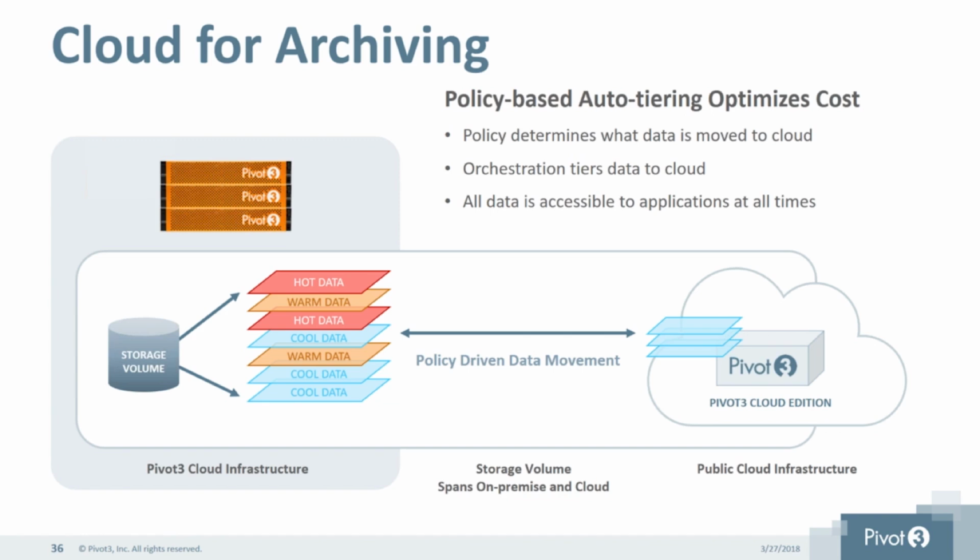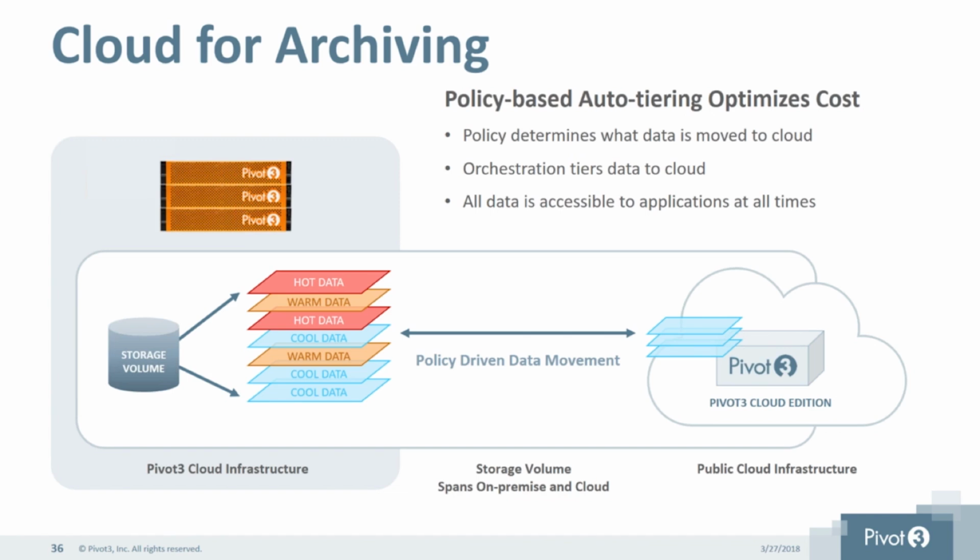The important thing to point out here is that the storage volume is actually spanning between the on-premise infrastructure and the cloud. So from the application perspective, all of that data is available, with the caveat that if it has to pull data back from the cloud, there might be a higher latency. But it's not archiving in the sense of what some people might think of as shipping tapes to an offsite location where there's a time delay before you can get your data.